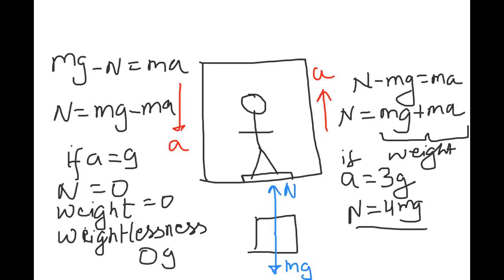They are basically in a lift whose acceleration is g, and therefore they are experiencing weightlessness. They are experiencing zero g. Zero g does not mean zero gravity. Zero g means that the normal reaction has become zero.